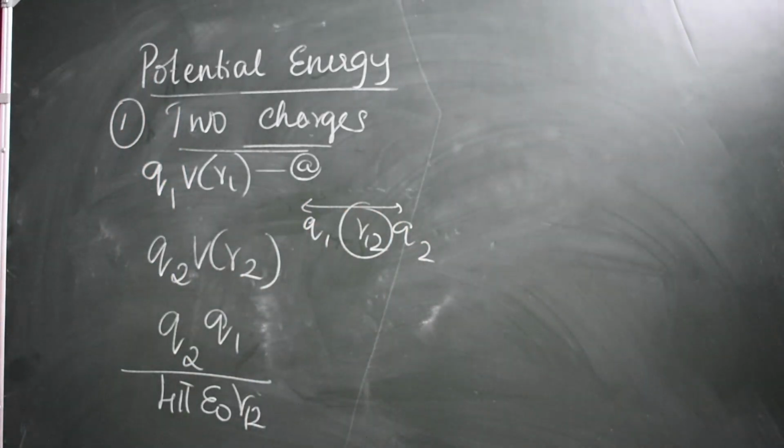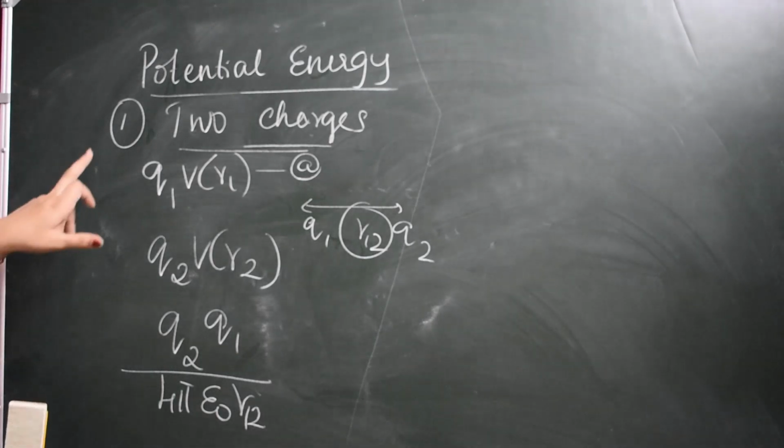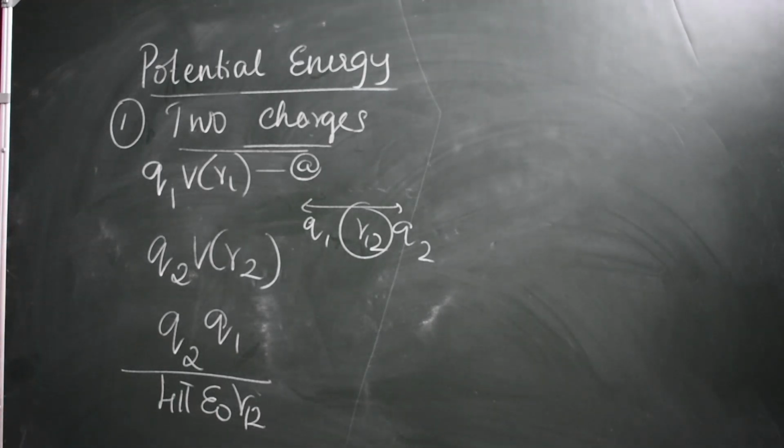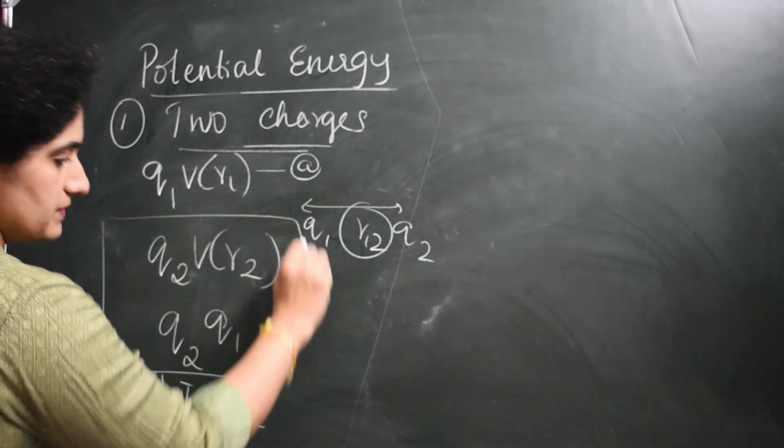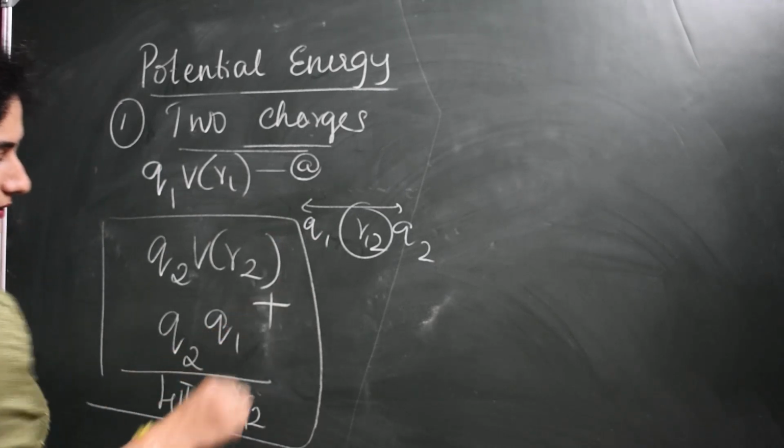Okay. Now you have these three. Find out the total potential energy of the system. So work done in bringing Q2 to R2 will be this much now. So you have to add these two.